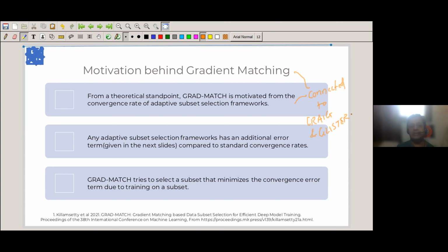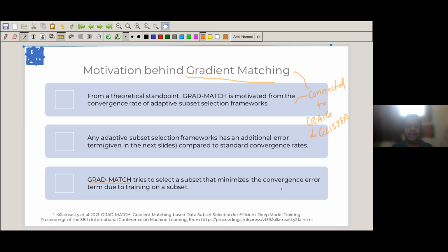It also has an interesting theoretical standpoint. See, any adaptive subset selection framework has an additional error term, which we'll see in the next slide. And that error term we try and directly minimize in the form of the gradient matching technique that we'll talk about. That's grad match, gradient matching. The short form is grad match. And we have given reference to our published paper from last year on this.